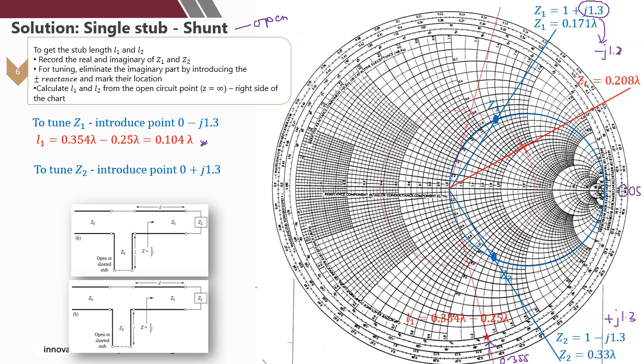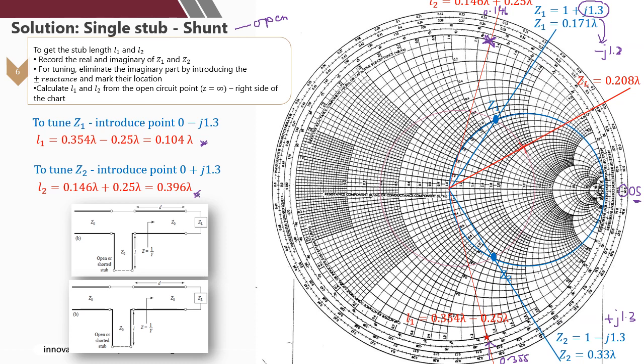So plus J1.3 will be in that position. Its wavelength is 0.146, and compared with open circuit impedance, it is less, so you will be adding 0.146 plus 0.25, so you get the second length.